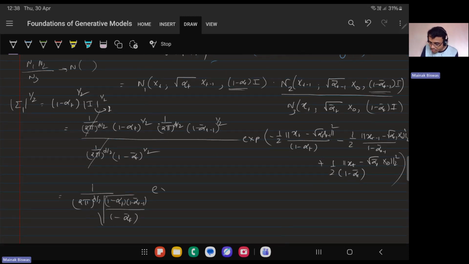And I will have a list of exponents. If you write down this sum of squares and complete the squares, I will have this as x minus some mu of q of xt minus 1 given xt comma x0. Complete the squares and write this in terms of xt minus 1.